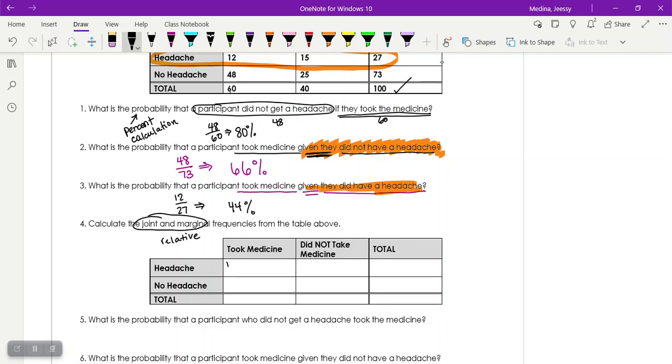So what did we just learn? What's 12 divided by 100? 12%. Right? 48 divided by 100 is 0.48 times 100, 48%. So they're giving us easy numbers to work with. Are we clear? That's all it is.